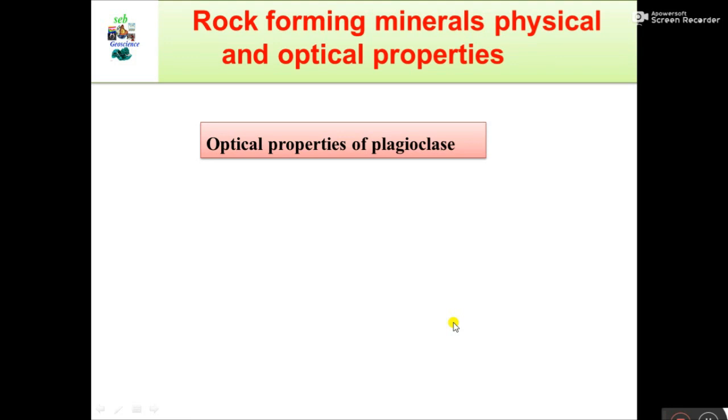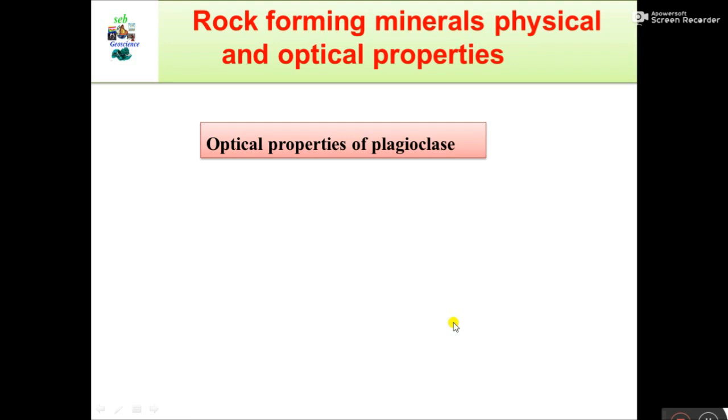The second one is optical. If we are confused in the field about what mineral a sample is, we use optical properties by making a thin section and determining the optical properties. And if we are also confused with optical properties, we can prepare geochemistry.